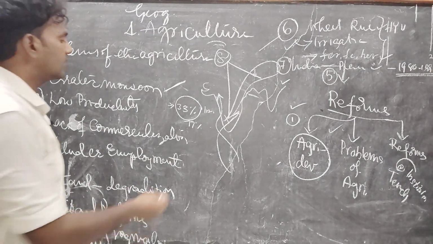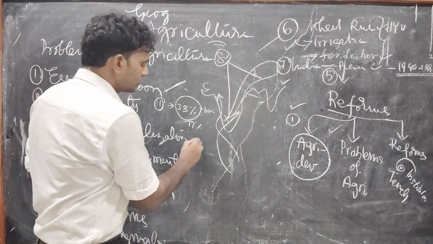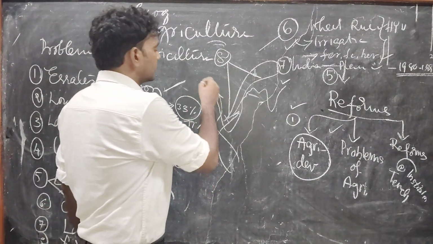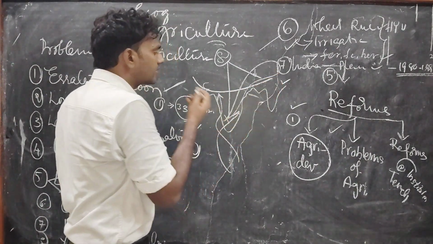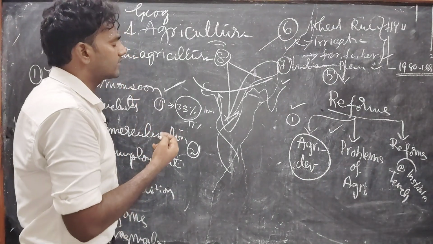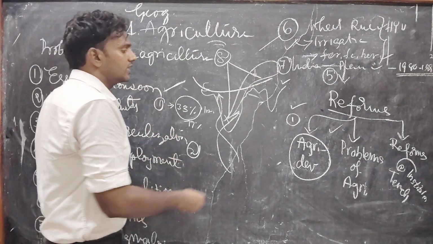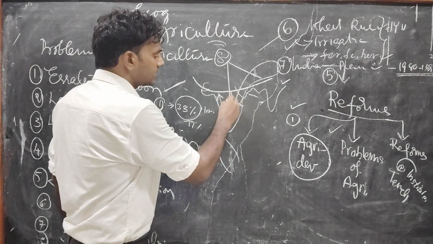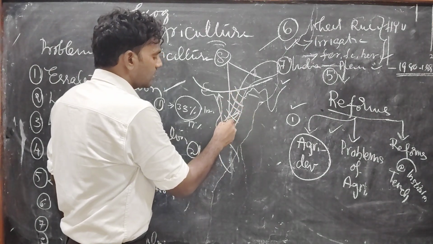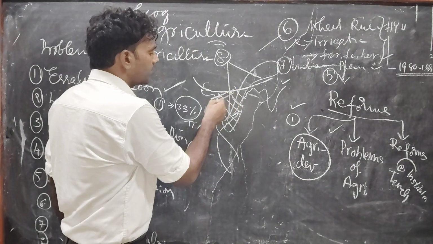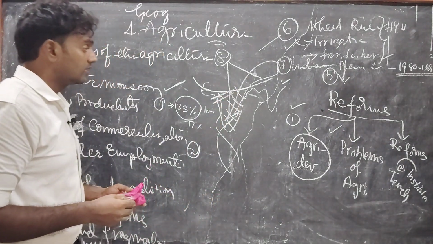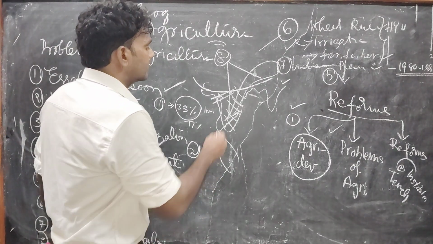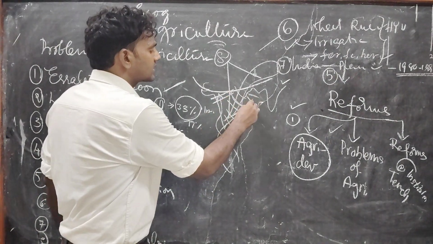One problem. Second, if there is no rain, we know very well, the rivers of southern India are not perennial, these are seasonal. For example, Mahanadi, Godavari, Krishna, Kaveri, Penna, Periyar, Narmada, Tapi, these are seasonal rivers. If they have rain, they can provide irrigation. Otherwise, it is not possible.